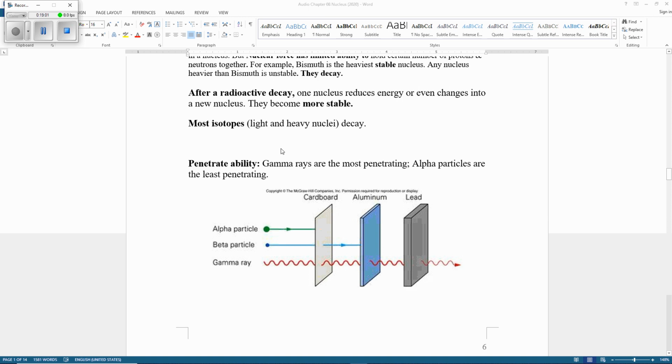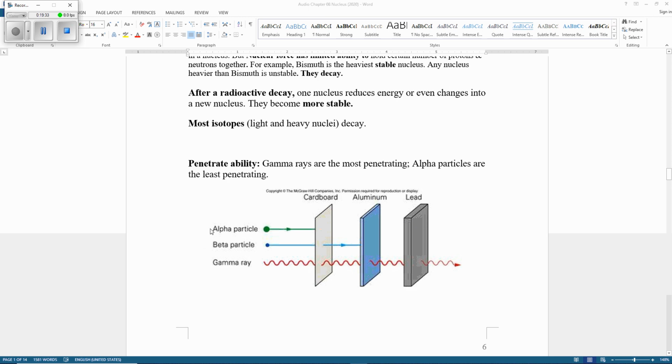Now another important concept is what we call the penetrating ability of radioactive decay. See this figure first. We use three materials. First a cardboard, then an aluminum foil, or thin foil, and the third one is a lead block, a heavy metal block.